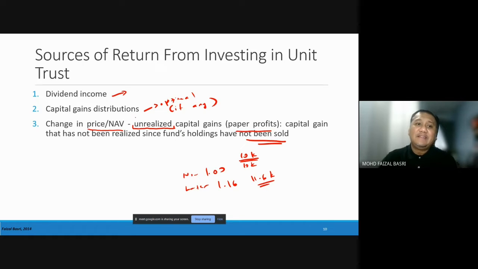Tapi kalau dividen ni, selagi you hold the investment, you akan dapatlah every year dividen ni. Cuma untuk price appreciation ni, when you dapat the profit, technically you dah jual all the units. And therefore, that will be the end of your profit untuk unit trust yang tu lah. So you have to move on with others. Kena beli investment yang lain lah.